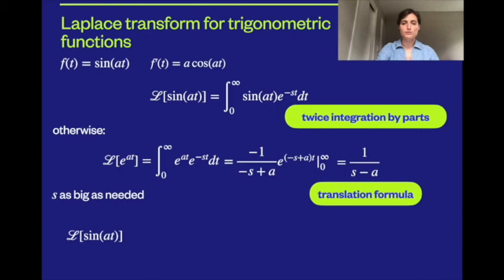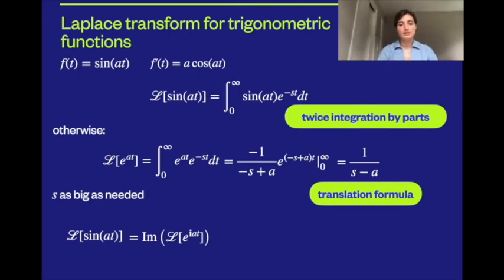So let's try to use the translation formula in our Laplace transformation of the trigonometric function sine. How can we do this? Well, we can remember that the sine can be written through the Euler formula as the imaginary part of the exponential of imaginary number times a times t.